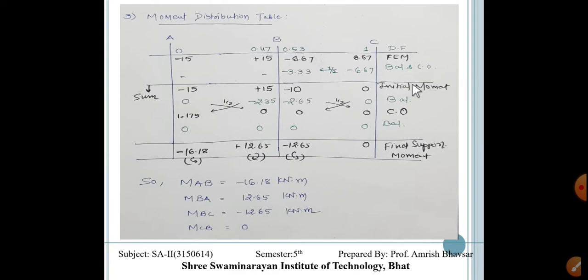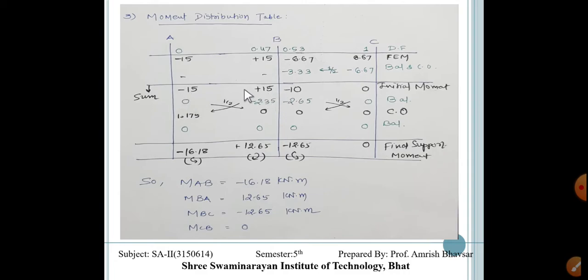Now this initial moment is ready for distribution and carryover, and from here we always take the sum from the initial moment until we get 0. So dear student, for the balance, here it is minus 15 multiplied by the distribution factor, which is 0, so we get 0.